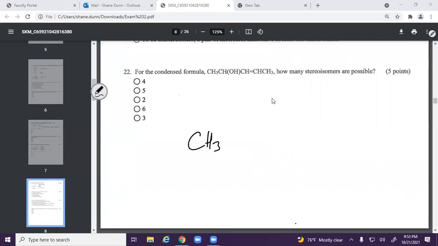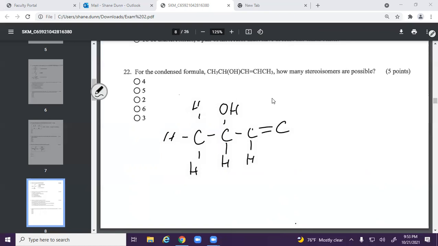CH3. I gotta draw the whole thing out. H, C, H, O, H, C, H, double bonded C, H, C, 2, 2, 2.